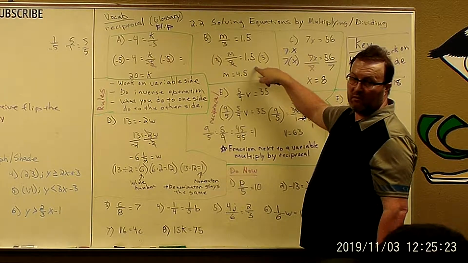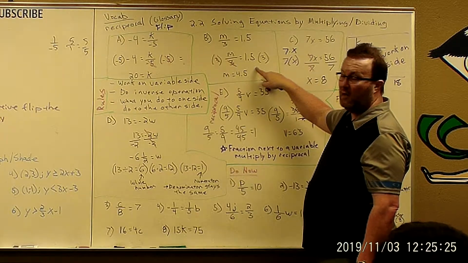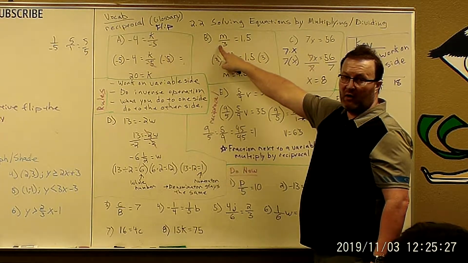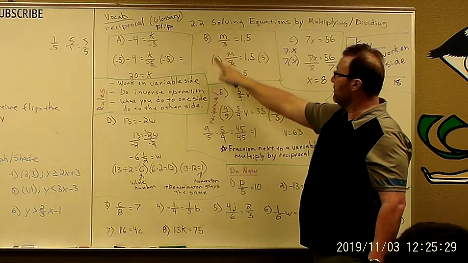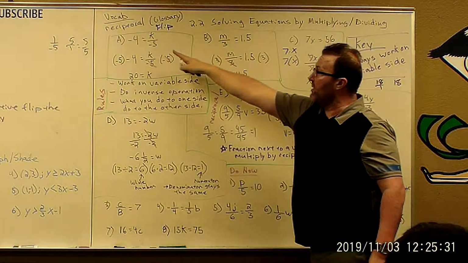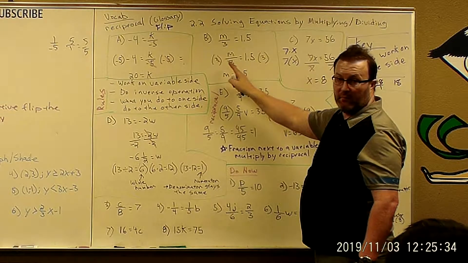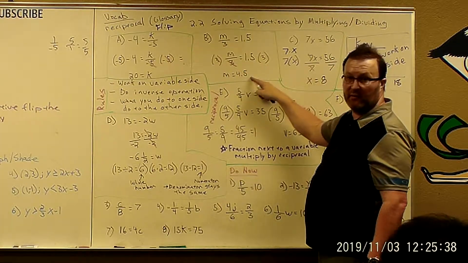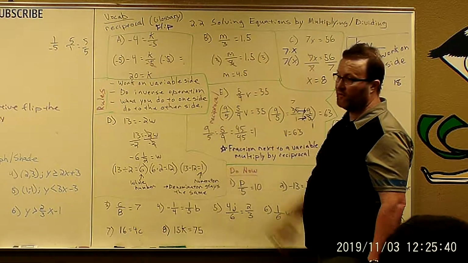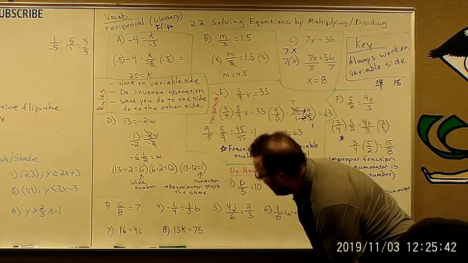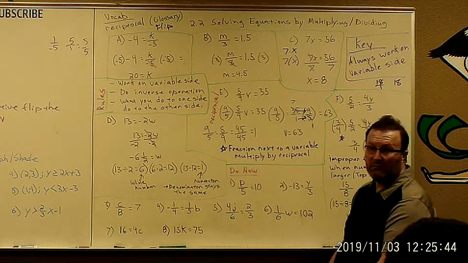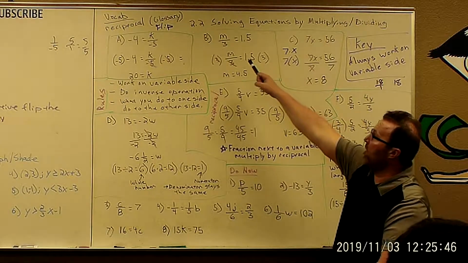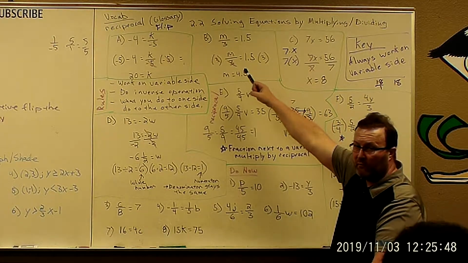Coming to this one. Wolf, your moment to shine, buddy. What type of math is this right here? Division. So we're going to multiply, right? So pretty much the same thing here, right? We're going to multiply 3 by both sides, and 1.5 times 3 is? Yep, that solves it. Okay? Now notice, yes, we work on the variable side, which is the m, right?